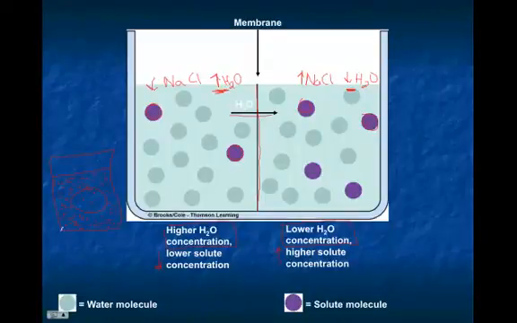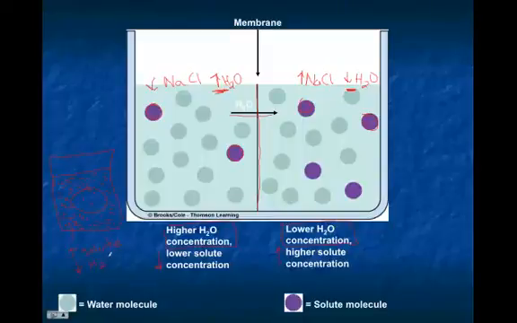Again, the easiest way to do an osmosis problem like this, and what I would typically do, is ask you, what's going to happen to my cell here? The easiest way to walk yourself through this is to go, okay, my solution outside the cell is going to have a higher solute concentration. And if it has a higher solute concentration, that means it has less room for water.